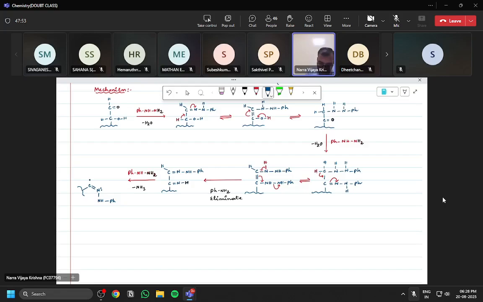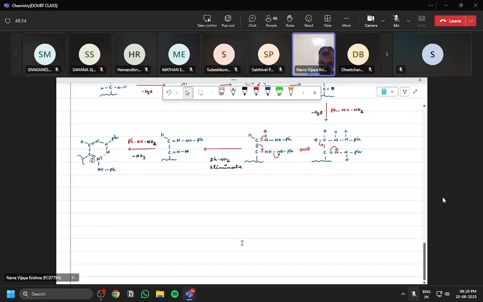Above chain length CH double bond N, single bond N, again phenyl, this is having hydrogen. Now between this lone pair and hydrogen, I am forming a hydrogen bond. This is osazone.